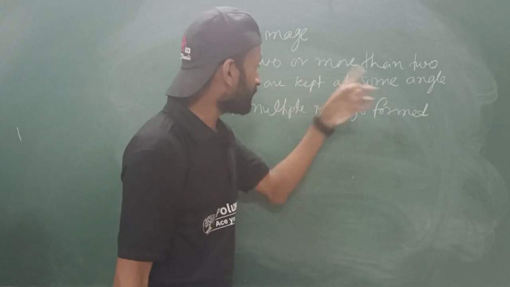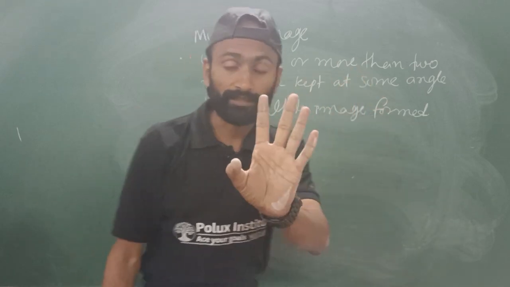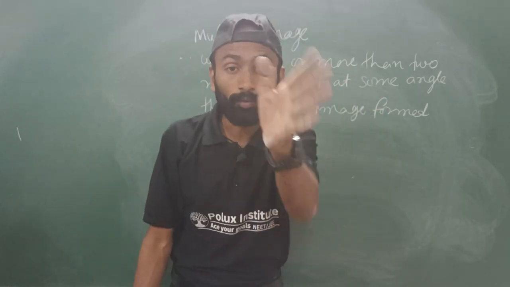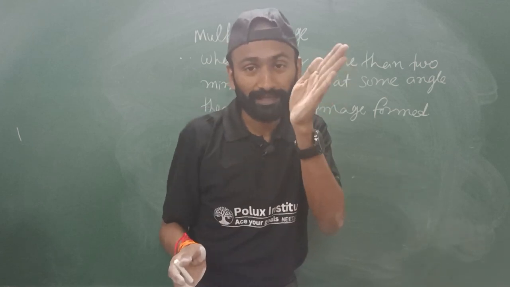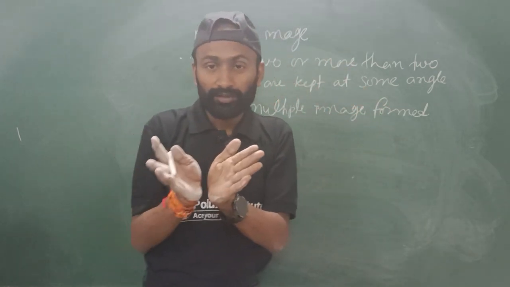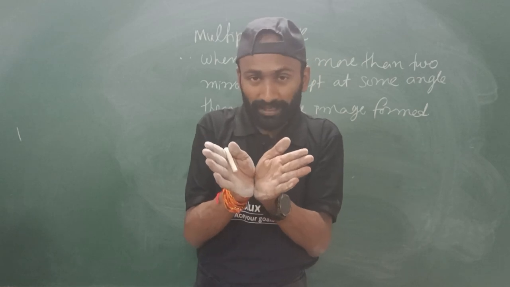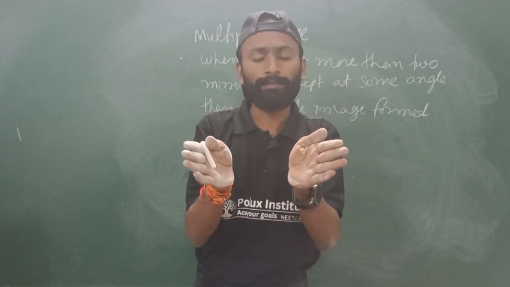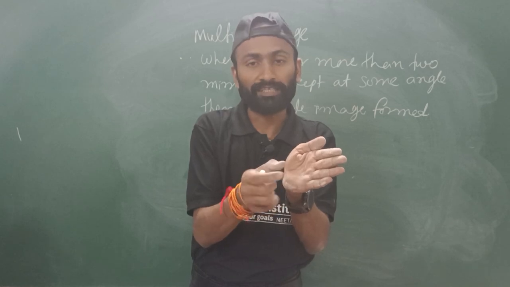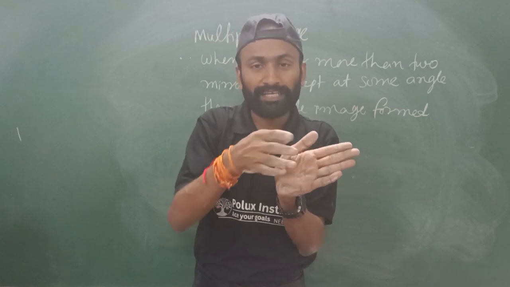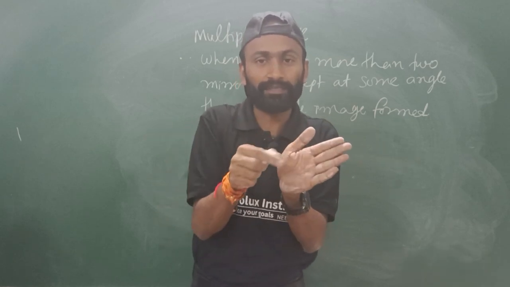What have I said? Now try to understand. When two or more than two mirrors are kept at any angle, let's say this is one mirror, this is another mirror. Here will be one object. Let's say you are standing here, with a mirror here and a mirror here.